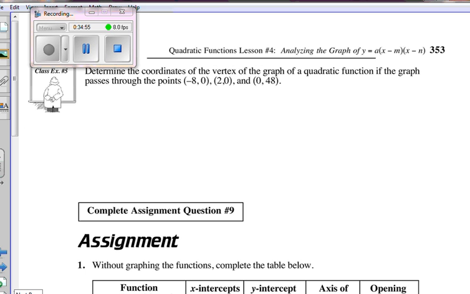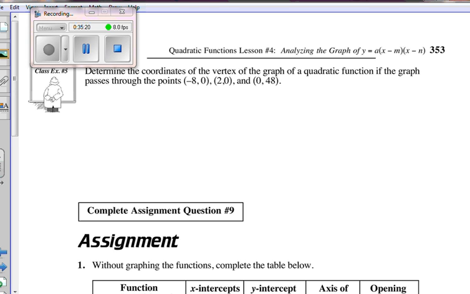Okay, last question. It's the same idea as the last question. Determine the coordinates of the vertex of the quadratic function.